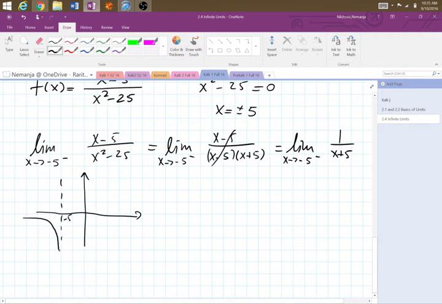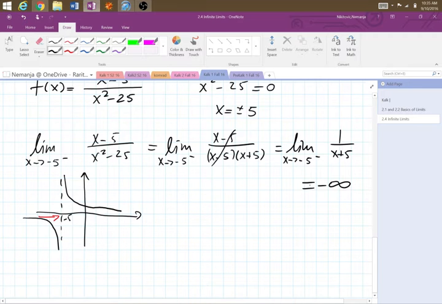And we have our 1 over x graph going like that. So now if we're going from the left, which is the red approach, what's the answer? Negative infinity.